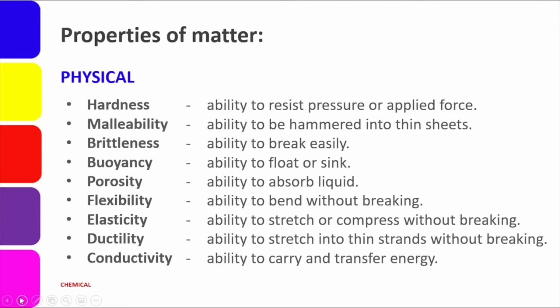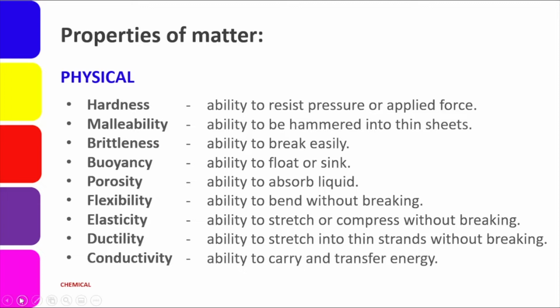Elasticity naman ay ability to stretch, pagbatak, or compress, pagdiin, without breaking and dapat babalik siya sa dati niyang form. Kasi pag hindi bumalik, hindi siya elastic kahit nabatak mo siya or nadiinan mo. Ductility is the ability to stretch into thin strands without breaking. Ibig sabihin yung pagbabatakin mo siya, magiging parang wire siya pero matibay siya na hindi siya mapapatid.